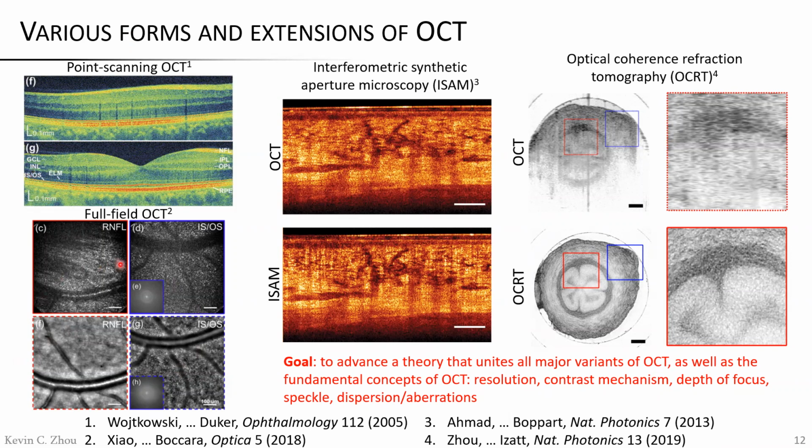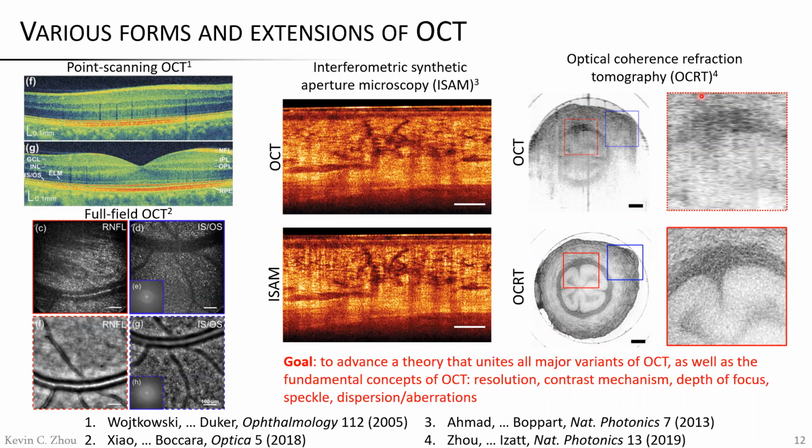In full field OCT, typically high numerical aperture focusing is employed to get these very nice high resolution en face or XY images of the retina. But as a result, they often trade off the depth of focus. So to address this trade-off, various extensions have been developed, one of which is a technique called interferometric synthetic aperture microscopy, or ISAM, which corrects for this focus computationally, but typically requires a nanometer scale mechanical stability, referred to as phase stability.